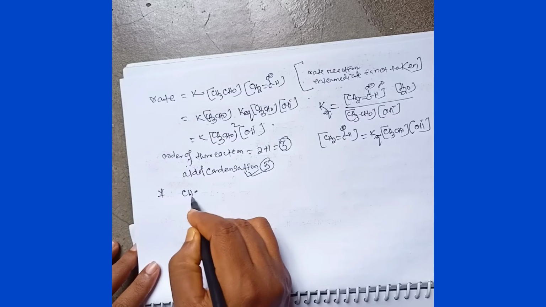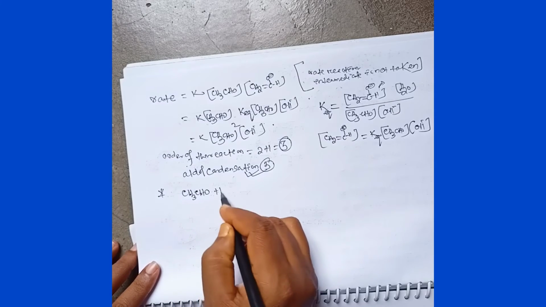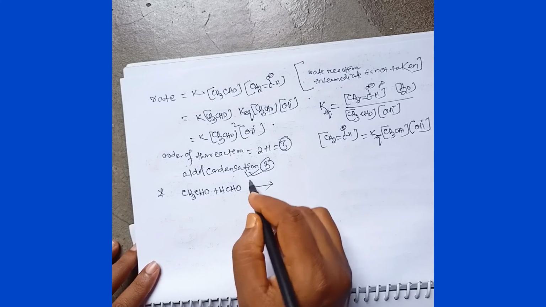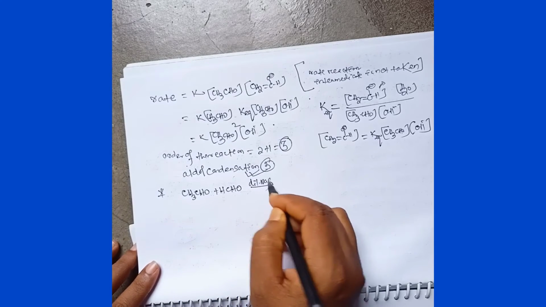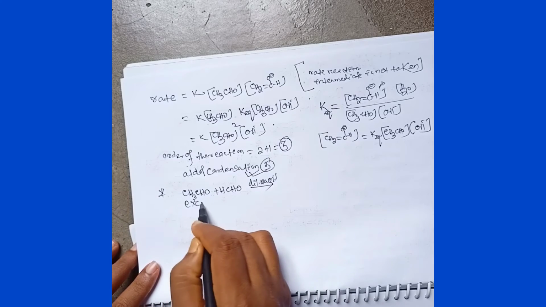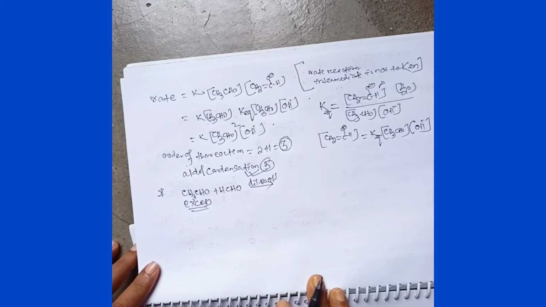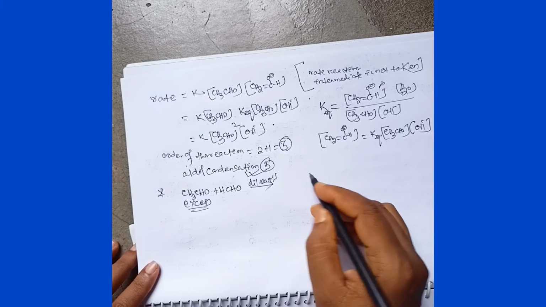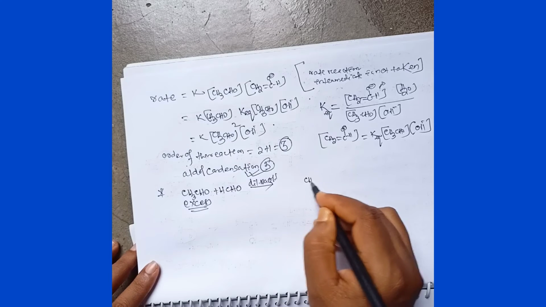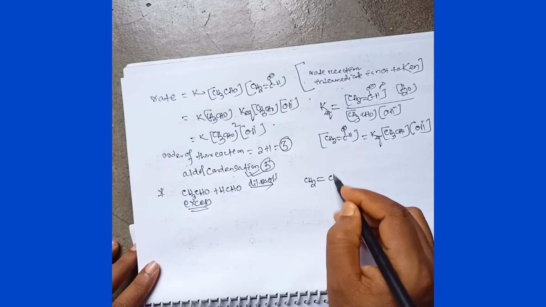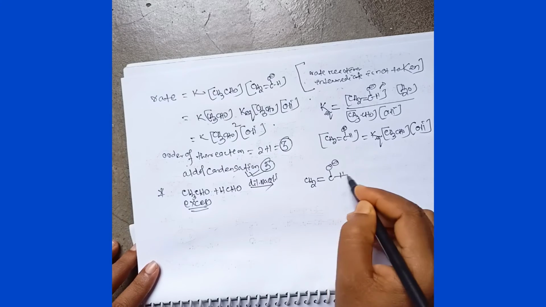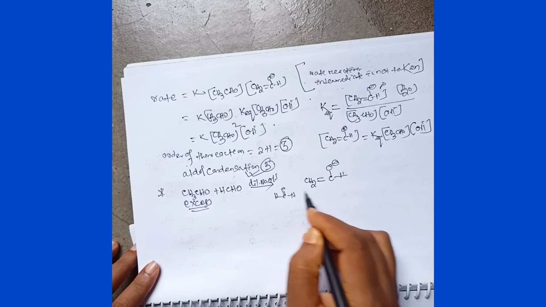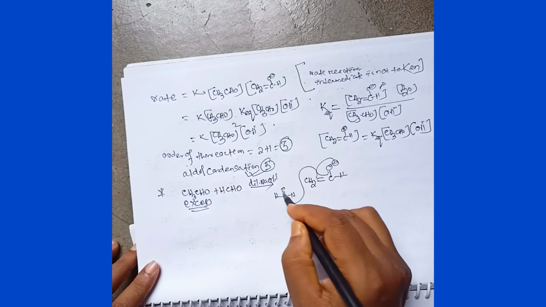Suppose CH3 CHO and HCHO, one molecule of acetaldehyde and excess formaldehyde, with dilute sodium hydroxide. Now I am putting this molecule in excess. Then what will be the case? First there is the abstraction of alpha hydrogen forming the enolate CH2 CO minus H. Now it will attack formaldehyde.